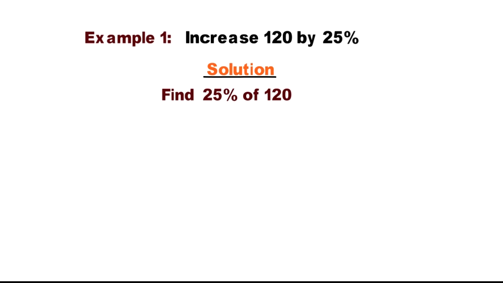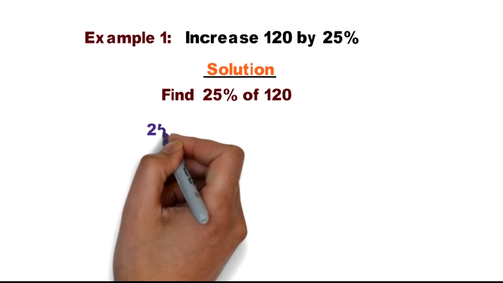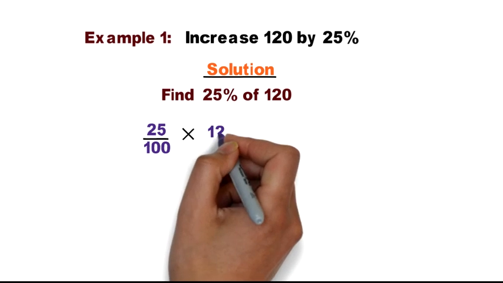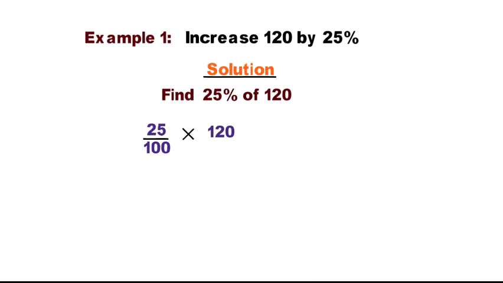First, we need to find 25% of 120. 25% of 120 means 25 over 100 times 120. Next, we will look for numbers that can divide. 5 can divide both 25 and 100.